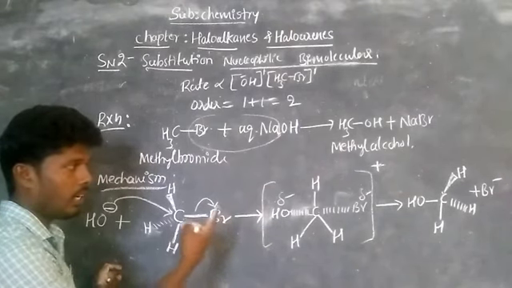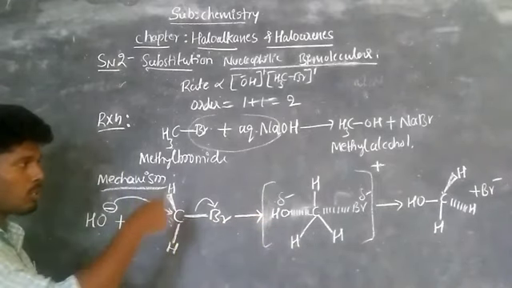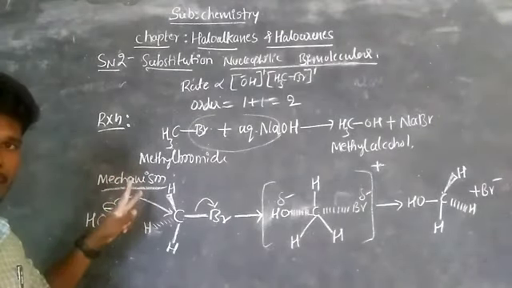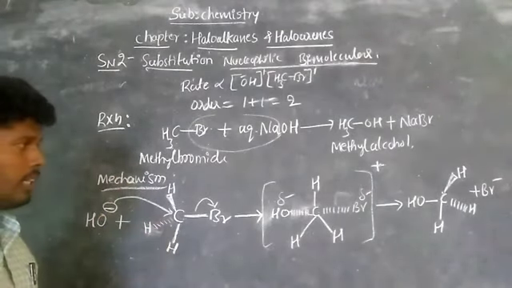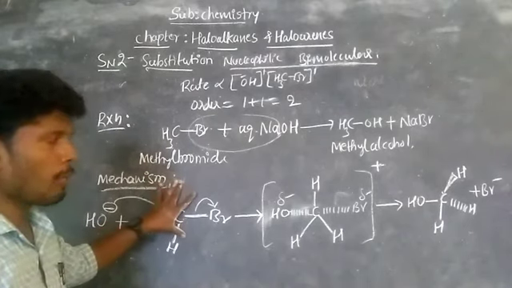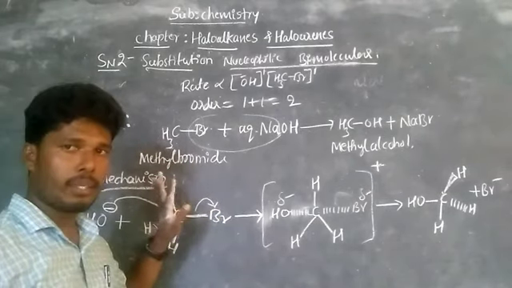Hence you get the opposite configuration of the molecule. Those differences we studied while studying the difference between SN1 and SN2. And observe one more point: the primary carbocation is more favorable for SN2 reactions.